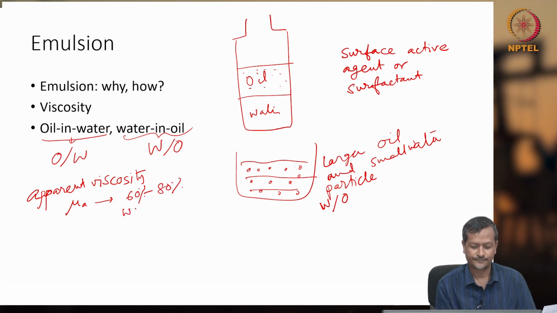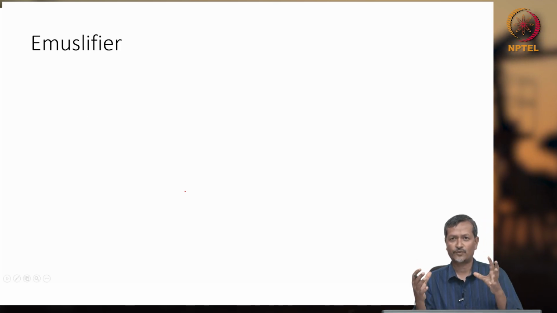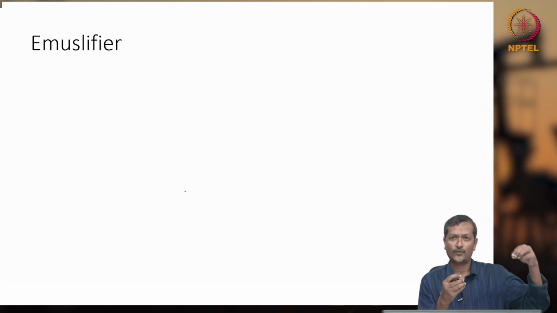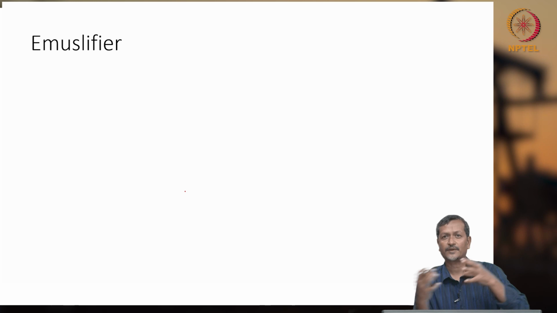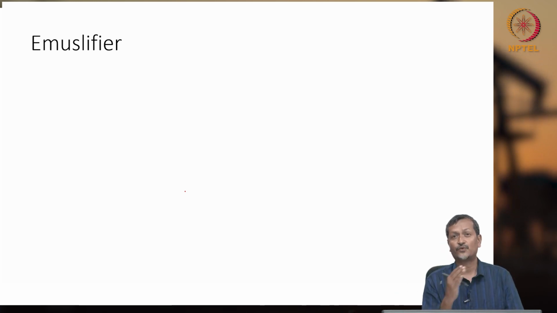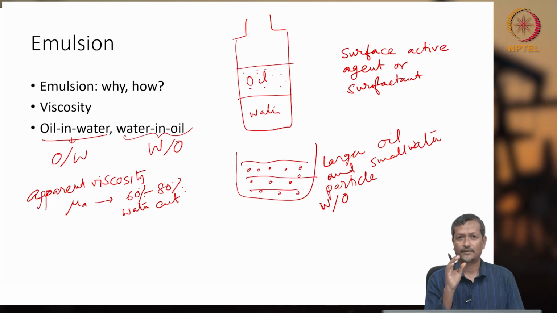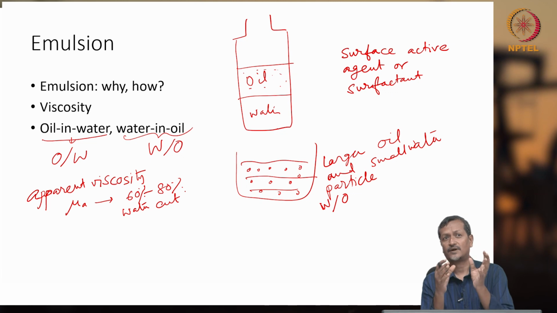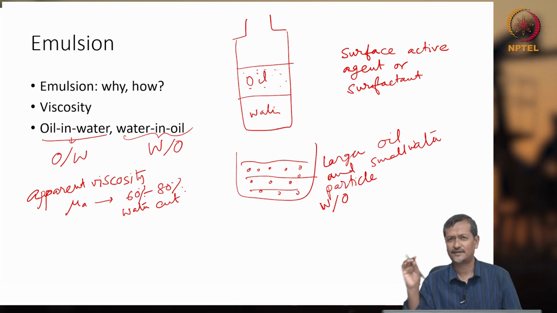Water cut means you take a certain volume of oil and add a small portion of water, increasing gradually, so the percentage of water increases. So they say the water cut. Water cut 5% means a small amount of water. Water cut 95% means water is dominant and oil is a very small amount.